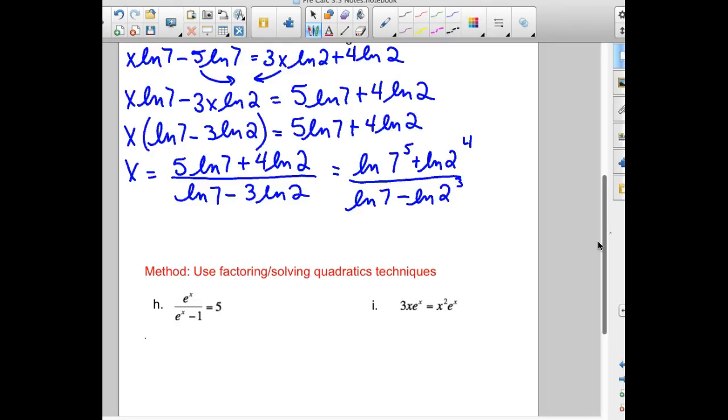And then we can condense it further. So x equals the natural log of 7 to the 5th times 2 to the 4th over the natural log of 7 divided by 2 cubed, which would be 8.